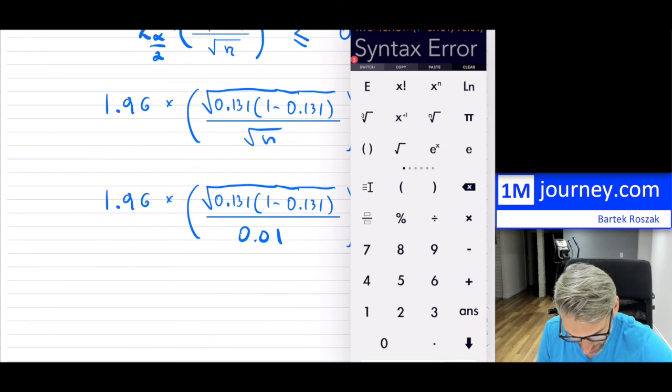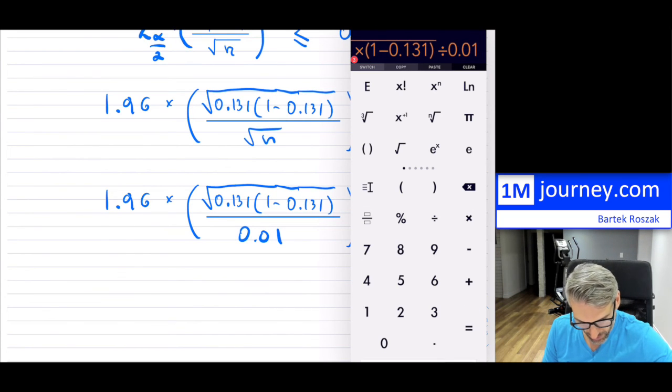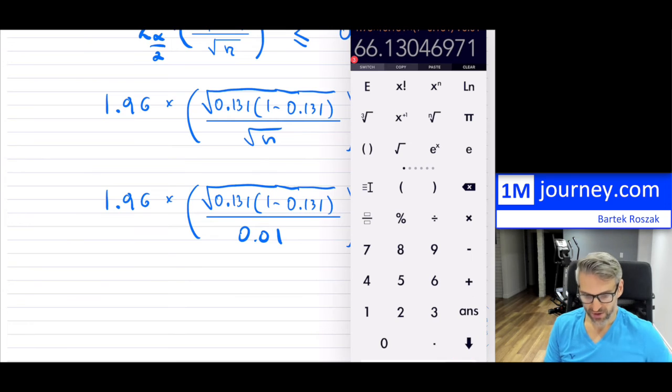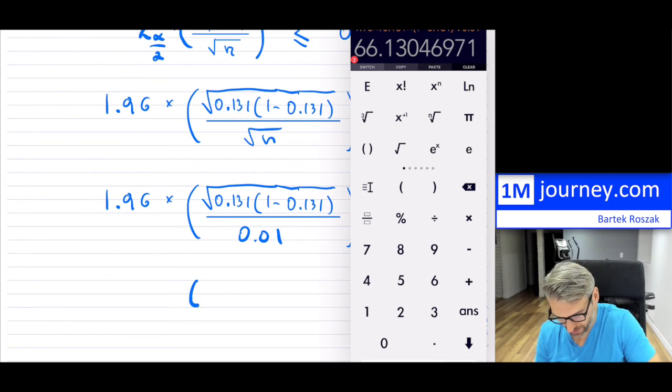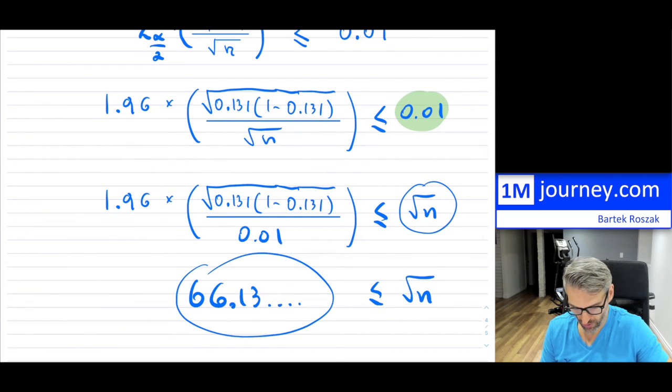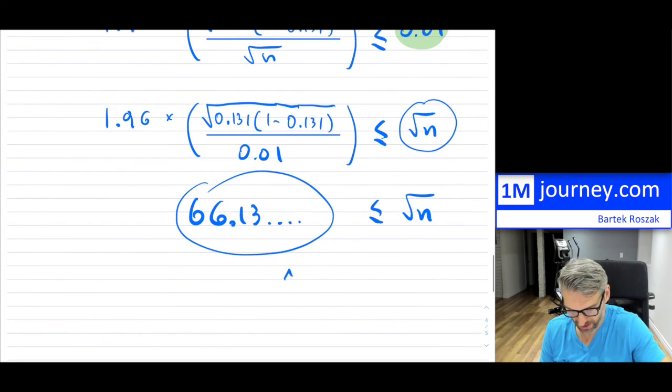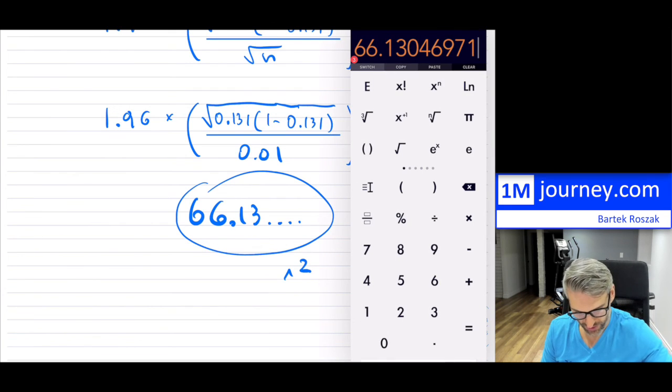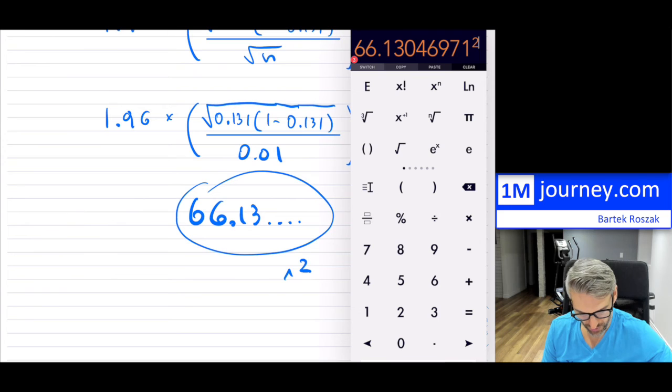Oops, syntax error. I didn't have that bracket, let me go back. So that's 66.13 and so on. Now squaring this, raising it to the power of 2, I'm going to get exactly my sample size.